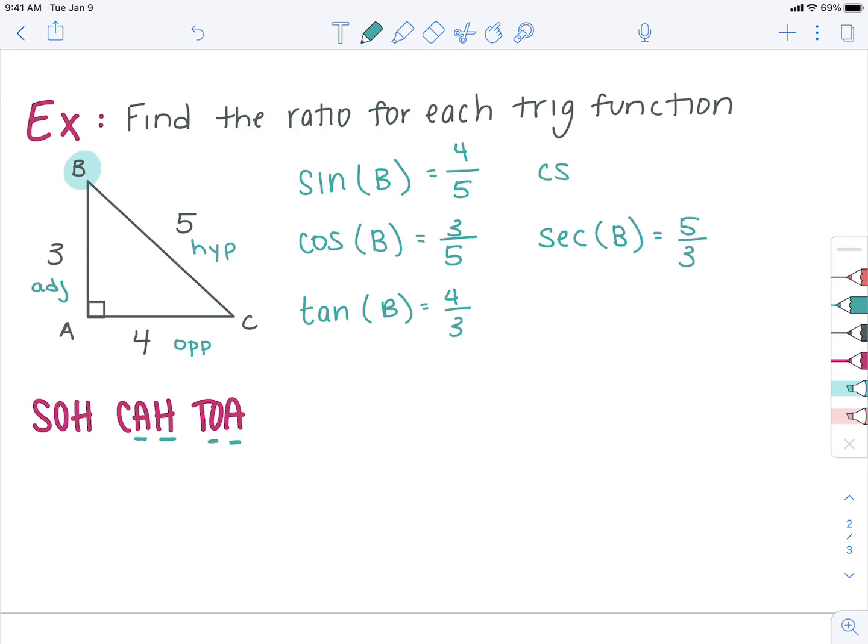My cosecant is the reciprocal of sine, so I'm just flipping my sine fraction. My cotangent is the reciprocal of tangent, so I'm just flipping it.